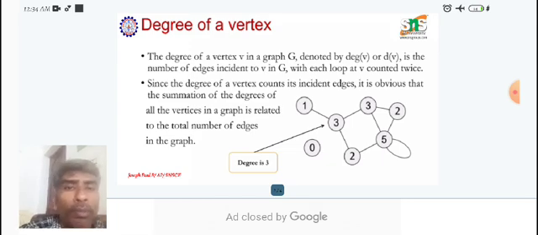For a loop, the starting and ending points of the edge are the same, so we count the edge twice for a loop.